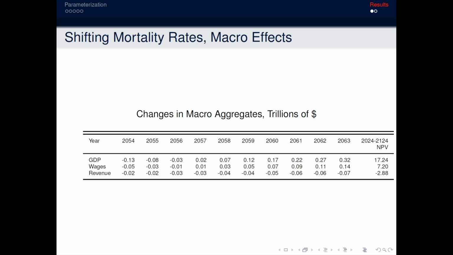And you can see government revenues declining. Here, this is net revenue, net taxes, net of social security retirement insurance payouts. And that government revenue is declining, again, reflective of the relatively older population. So we're losing not quite 3 trillion in government revenue as a result of increasing people's expected lifetime.